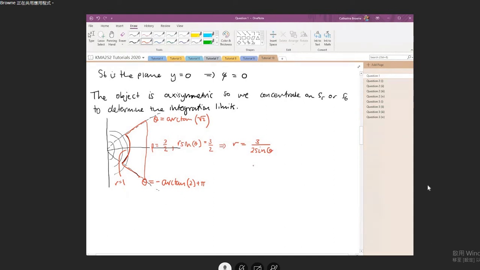And so we're going to integrate from r is equal to 1 to r is equal to 3 on 2 sine theta, and then we're going to integrate theta between minus arctan 2 plus pi to theta is equal to arctan the square root of 2, and then we have to integrate phi around that full 3/4 of the circle, so from phi equals 0 to 3 pi on 2.